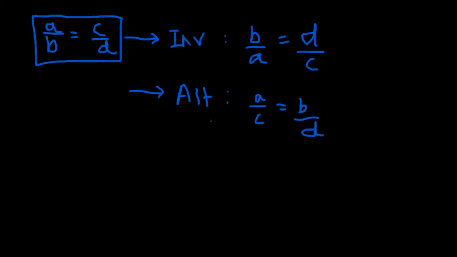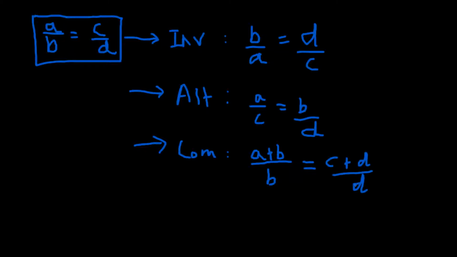Okay, so that's invertendo and alternando. Now coming to even more important ones, that's componendo. Componendo, I'm gonna write COM. What componendo does is it gives you output like A plus B upon B. So I'm gonna do that again. That's better. A plus B upon B is equal to C plus D upon D. So all you're doing is adding the denominator to the numerator.